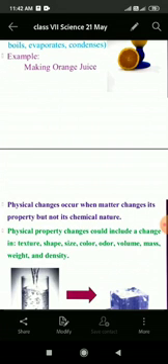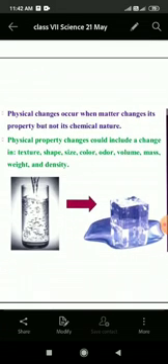This is actually a physical change. For this one, we'll take materials like an ice tray and water, and after that, we fill the ice tray with water and keep it for some time in the deep freezer in a fridge. When this ice tray is taken out, we find that the water freezes into ice cubes.